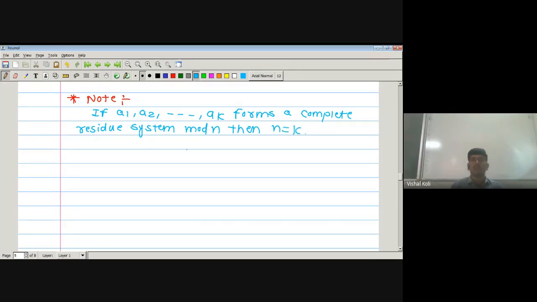Actually, this note depends on the complete residue system. If suppose there are k integers a1, a2 up to ak, and they form a complete residue system modulo n, then this n must be equal to k.